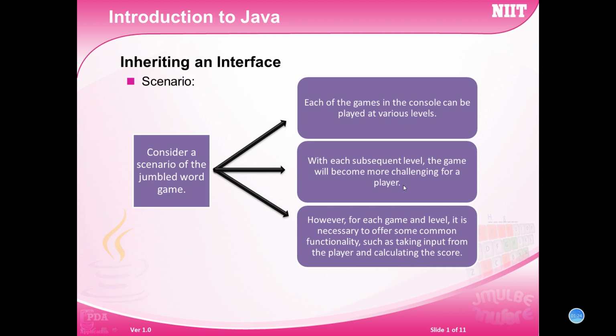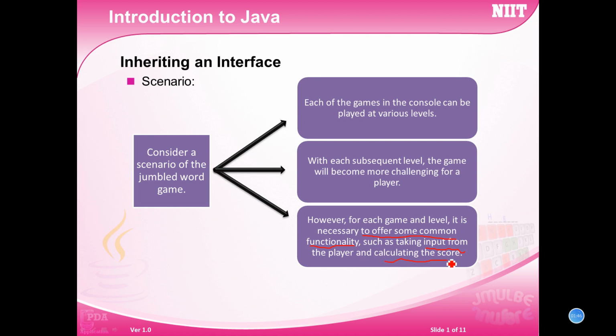But for each game and level, it is necessary to have some common functionality. This is important. No matter which level you are on, there will always be some common functionality, such as taking input from the player and calculating the score.